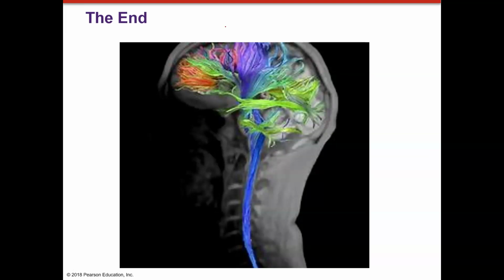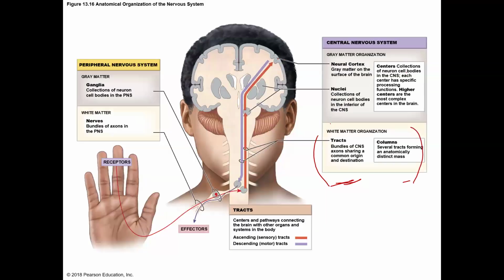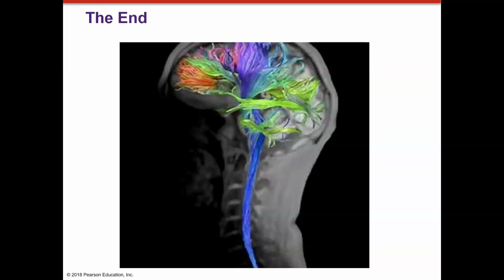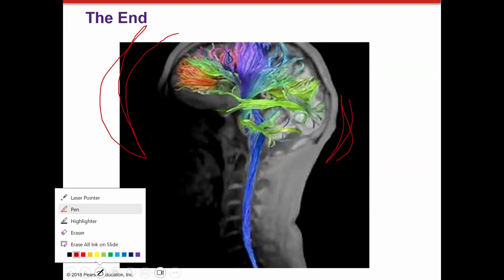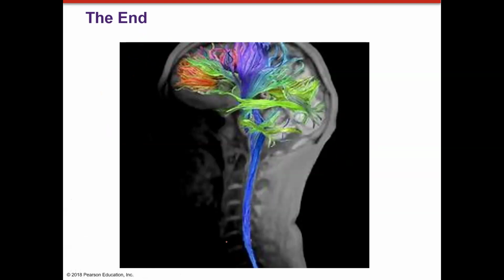This is a functional MRI of what we were just looking at here, the sensory and motor components. But this is real. It looks like a beautiful piece of artwork, but it is real. This is the front of the body here, and this is the back of the body, or the back of the head, right there. Then we see these tracts that we were just talking about, corticospinal tracts from the cortex to the spine.